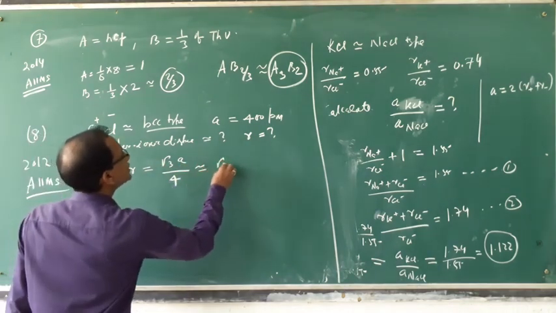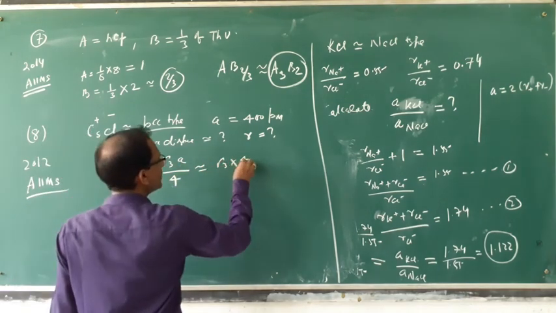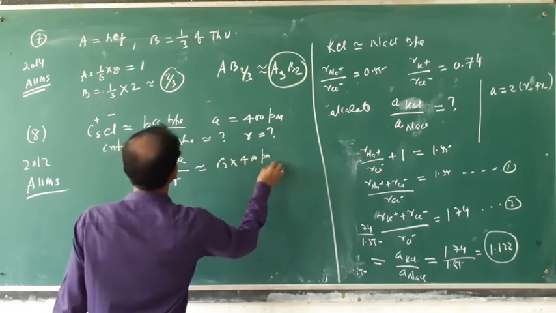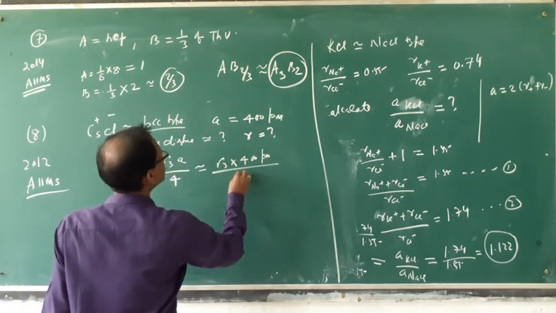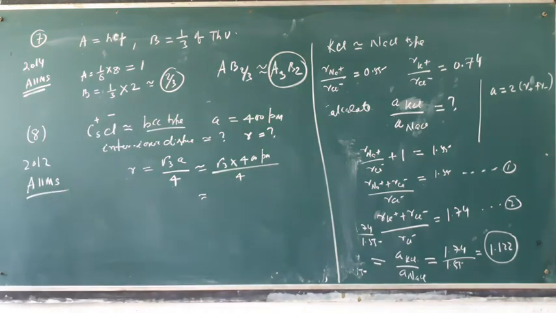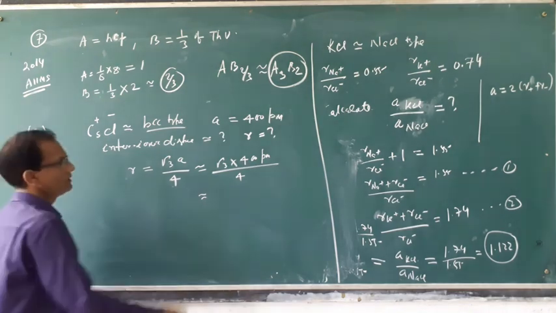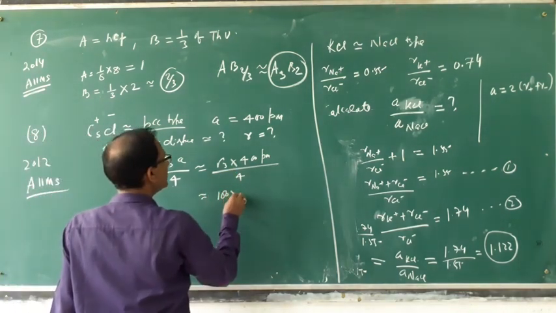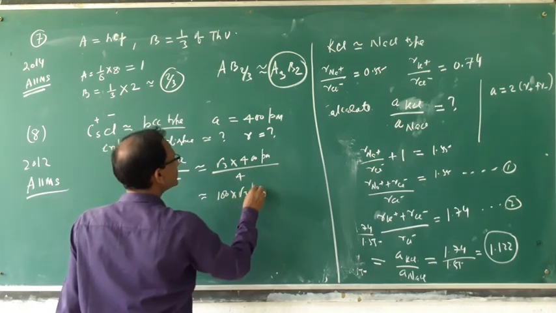Then a is 400 picometer, then divided by 4. So the value of R will be 100 into root 3 picometer.